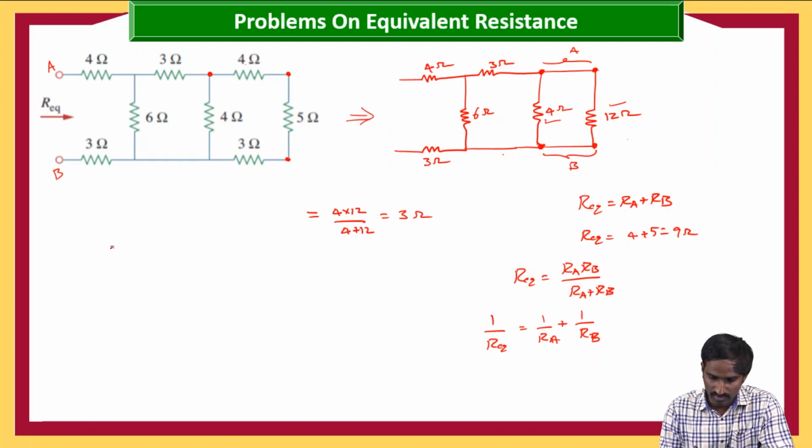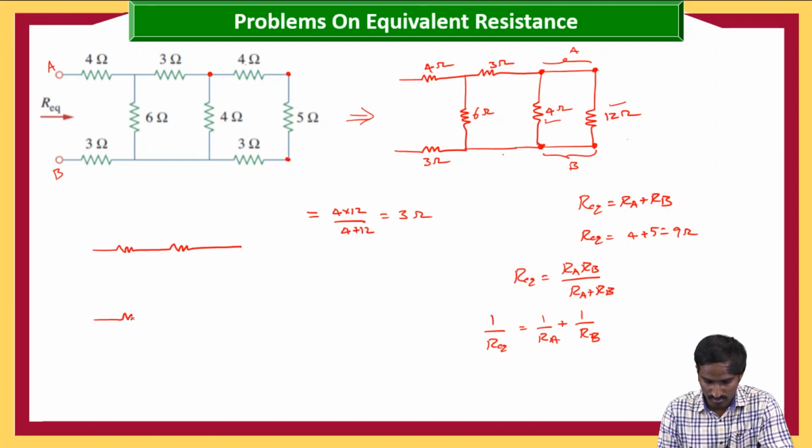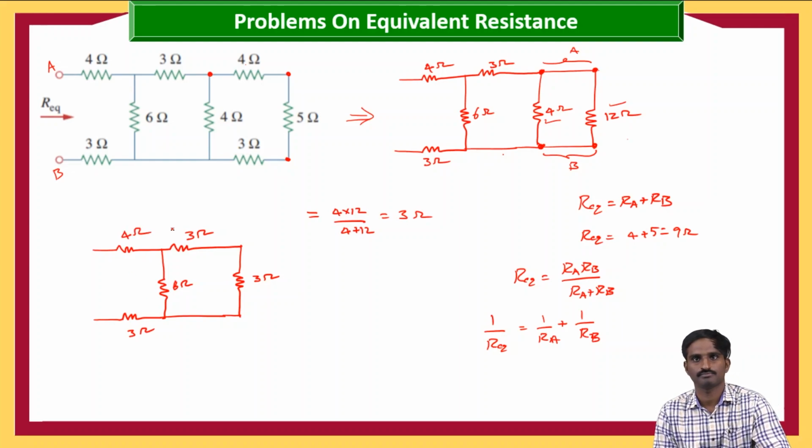Then the equivalent circuit will be, again here it is 4 ohms, and here it is 3 ohms, and again here it is 3 ohms, and of course here it is 6 ohms. Then here there is no resistor, and this combination will be replaced with another equivalent resistor, and that equivalent resistance value here is 3 ohms, and again here this 3 ohms is there, and again here it is 6 ohms, and here it is 3 ohms, and here it is 4 ohms.